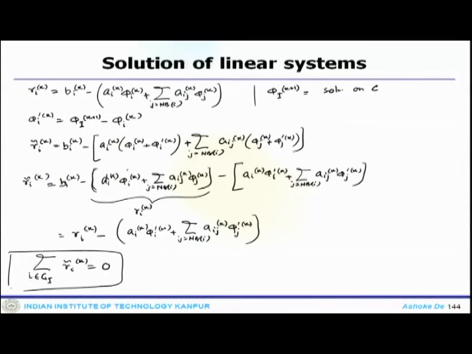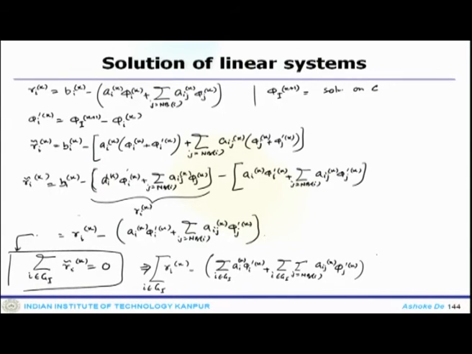Now, if you substitute this into here, you get the summation over I belonging to G_I of R_I^k minus the summation over I belonging to G_I of A_I^k phi_I prime^k plus the summation over I belonging to G_I of the summation over j belonging to NBI of A_Ij^k phi_j prime^k, which is essentially 0.